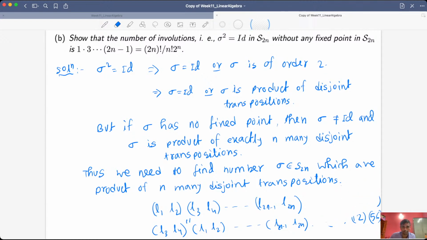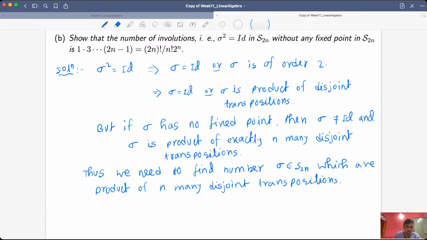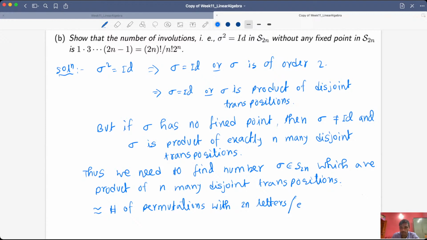Okay, so this is equivalent to the number of permutations with 2n letters quotient out by the equivalent representation for the product of n transpositions.